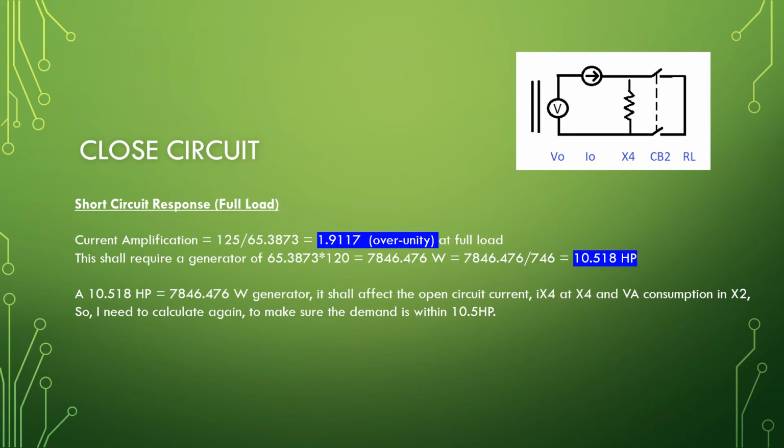A 10.518 horsepower equal to 7,846.476 watt generator. It shall affect the open circuit current IX4 at X4 and the VA consumption in X2. So I need to calculate again to make sure the demand is within 10.5 horsepower.